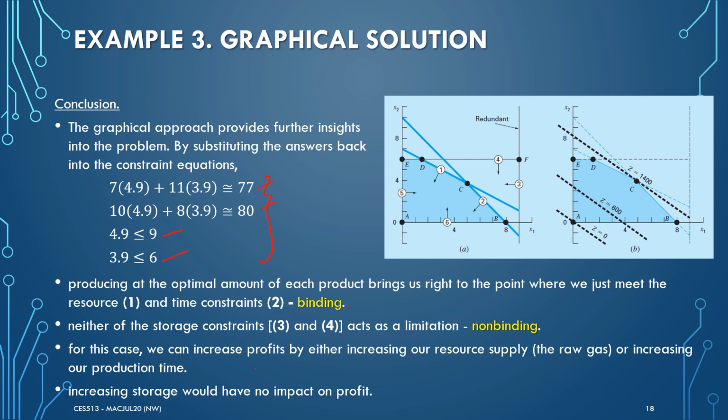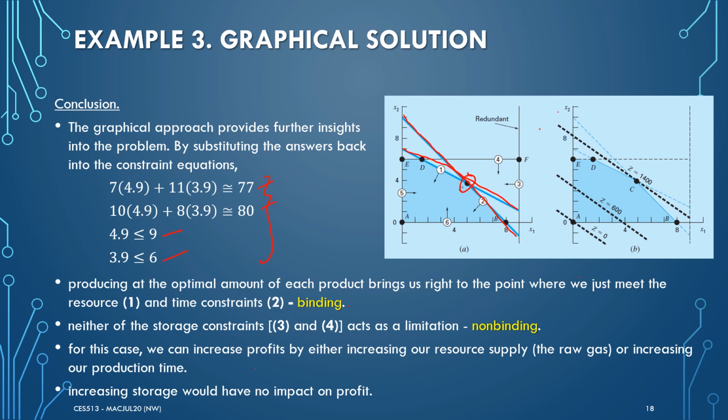Consequently, as can also be seen from the plot, producing the optimal amount of each product brings us right to the point here where we just meet resource constraint 1 and time constraint 2.